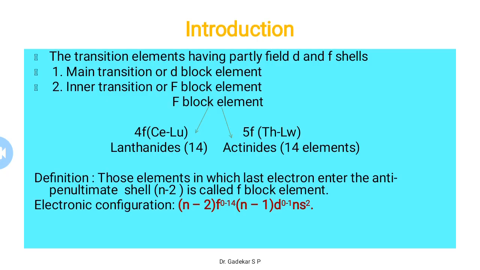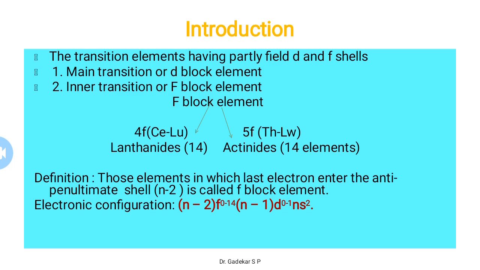First, the introduction. Generally d block elements and f block elements are called transition elements. Why? Because of transitions: when an electron transfers from d to d orbital, it is called a d-d transition, and when an electron transfers from f to f orbital, it is called an f-f transition.